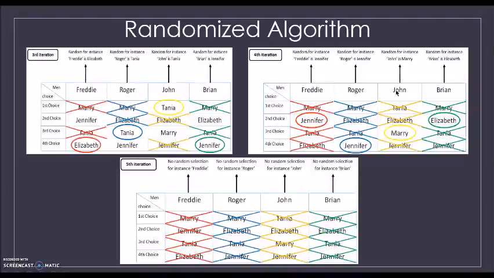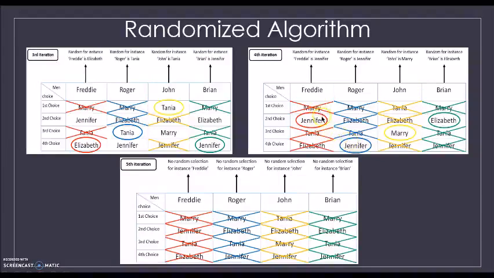The same goes to the next iteration. The machine will not choose what has been chosen in the previous iterations until all of the choices have been chosen, and the last choice is the final choice.